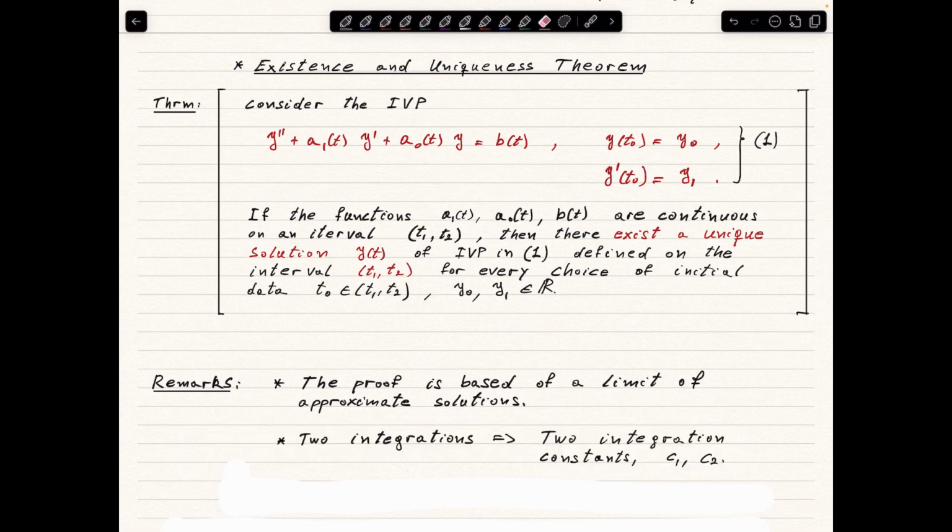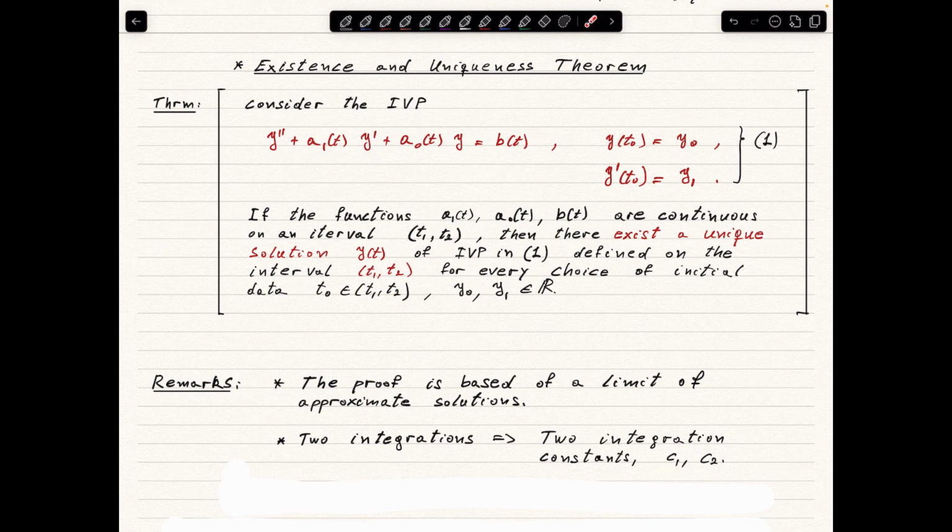Notice that the equation now is second order, so there are two derivatives in the equation. So to solve this equation, somehow we need to do two integrations. Each time we do an integration, an integration constant appears, C1 and C2.